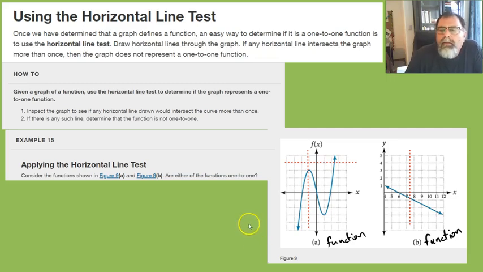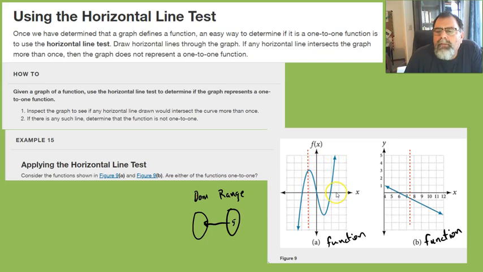So now we're checking, we already checked that each x gets one y, but now we're going the other way, going backwards, from range to domain. So if y was 5, it only got one x value, which was like, what is that? 2 point something. I'll just say 2.3.